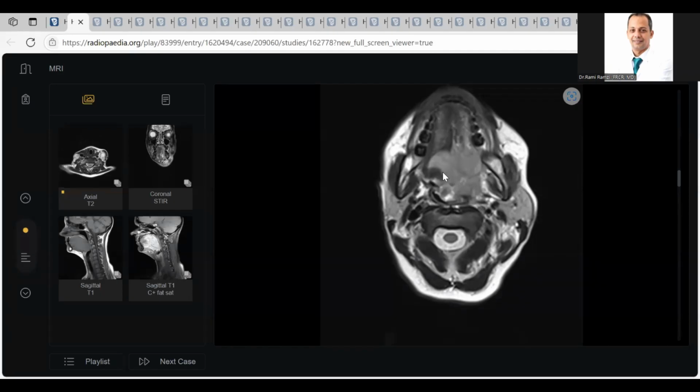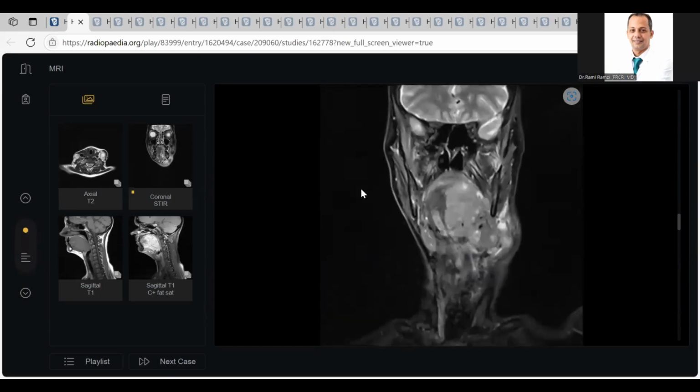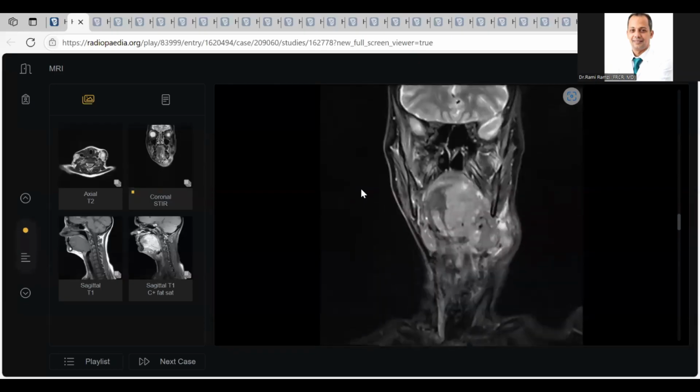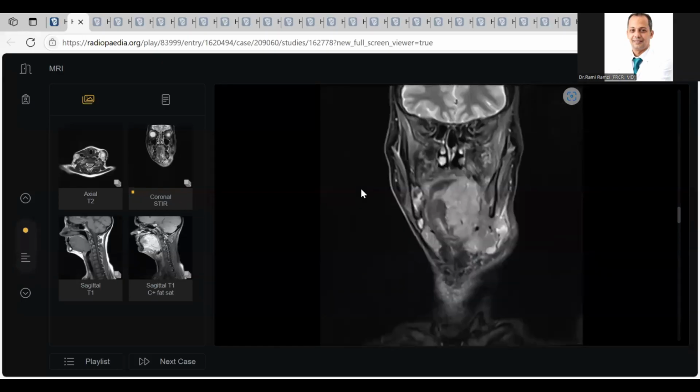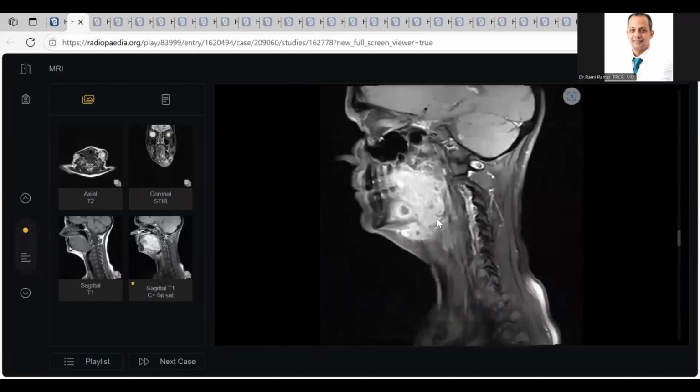Second point, there is a wide infiltration of the floor of the mouth, the genioglossus, hyoglossus. Doctor, I didn't know how to differentiate between the different muscles. Okay, tell the examiner there is significant extension to the floor of the mouth.